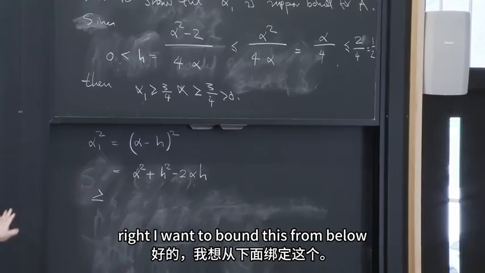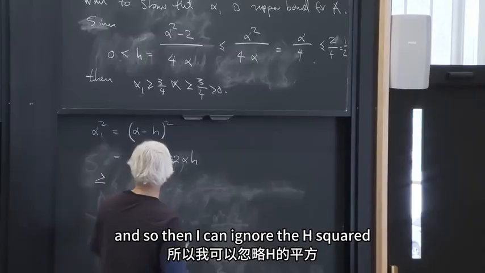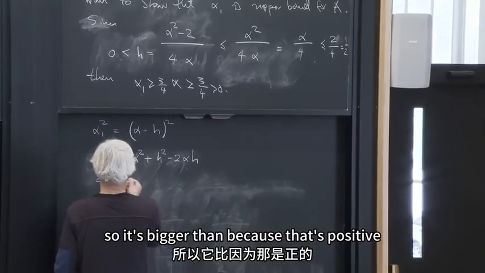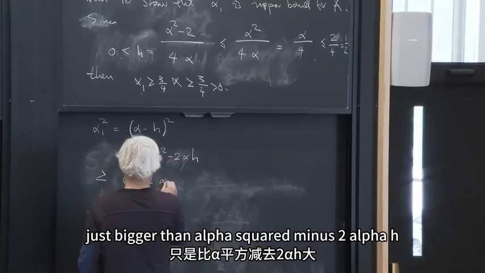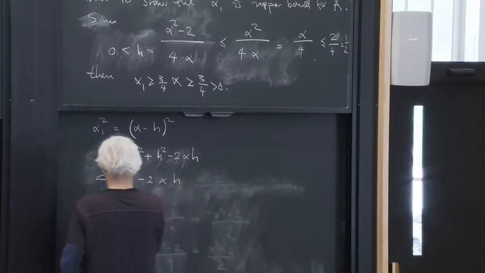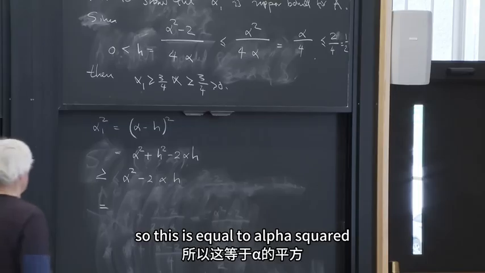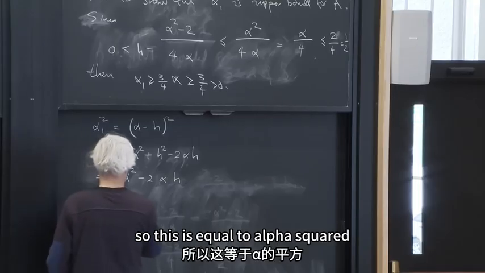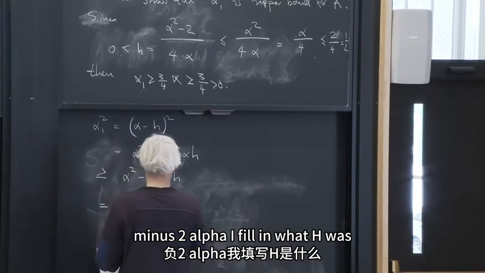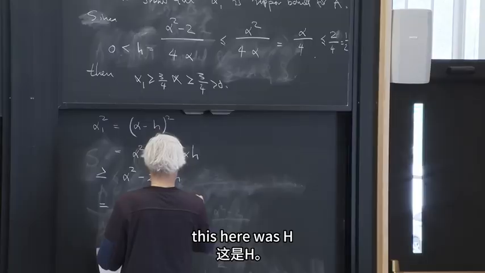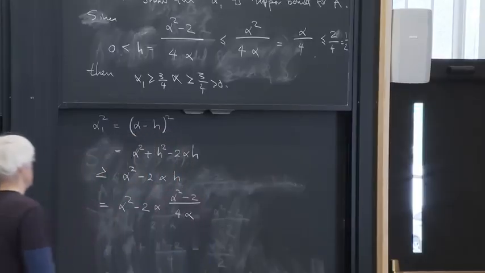But I want to bound it from below. And so then I can ignore the h squared. So it's bigger than, because that's positive, so it's bigger than alpha squared minus 2 alpha h, right? And this is equal to alpha squared minus 2 alpha. I fill in what h was, this here was h, right?